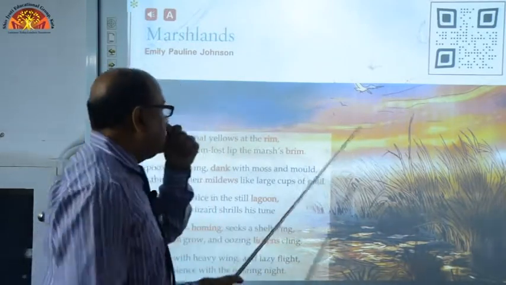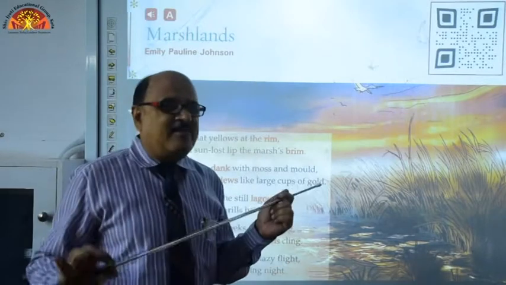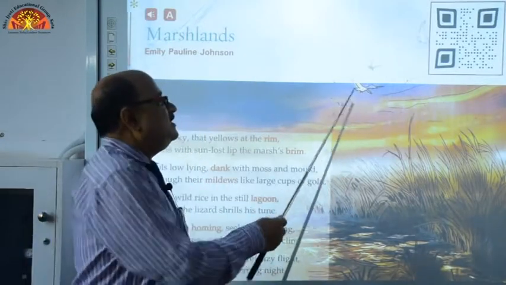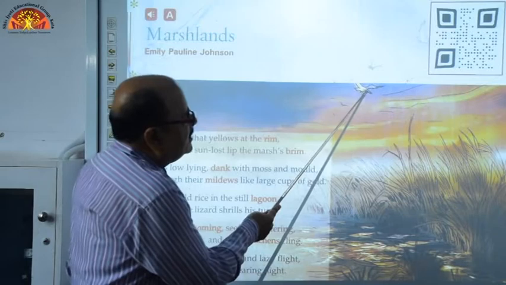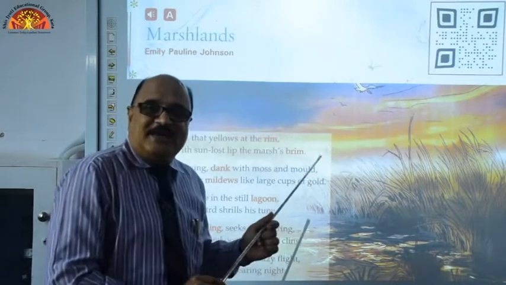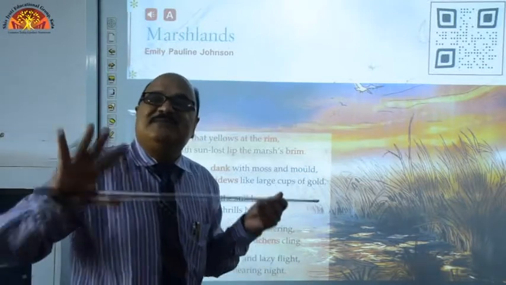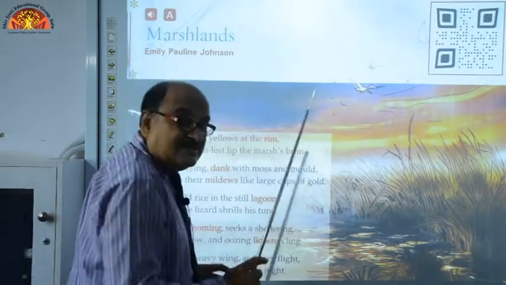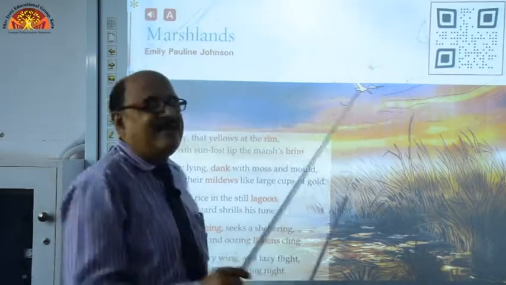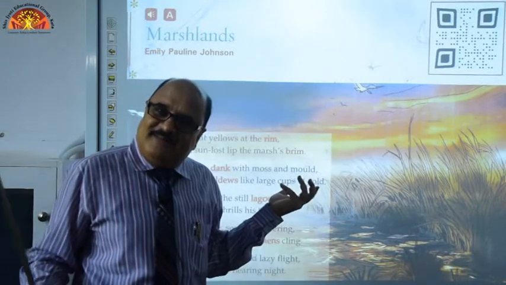So, we can think that these birds are coming back home, or you can see this bird is looking downward. So, it is in search of some shelter like piece of land, where this bird can take a shelter for the night, right.